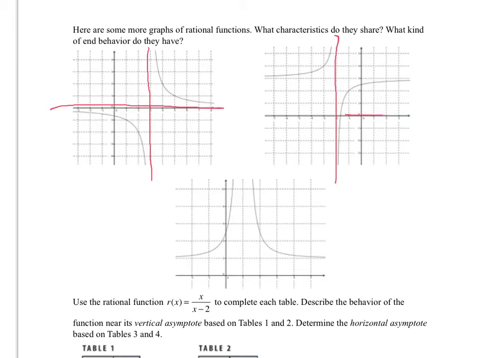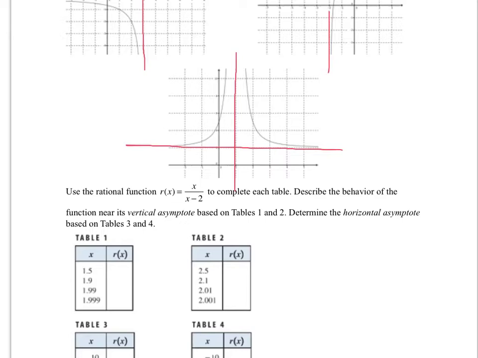The horizontal asymptote for this one is at this level, which is y equals, looks like 3. And then finally, we have a vertical asymptote here at x equals 1, and a horizontal asymptote at y equals 1. Okay, so just keep that in mind.